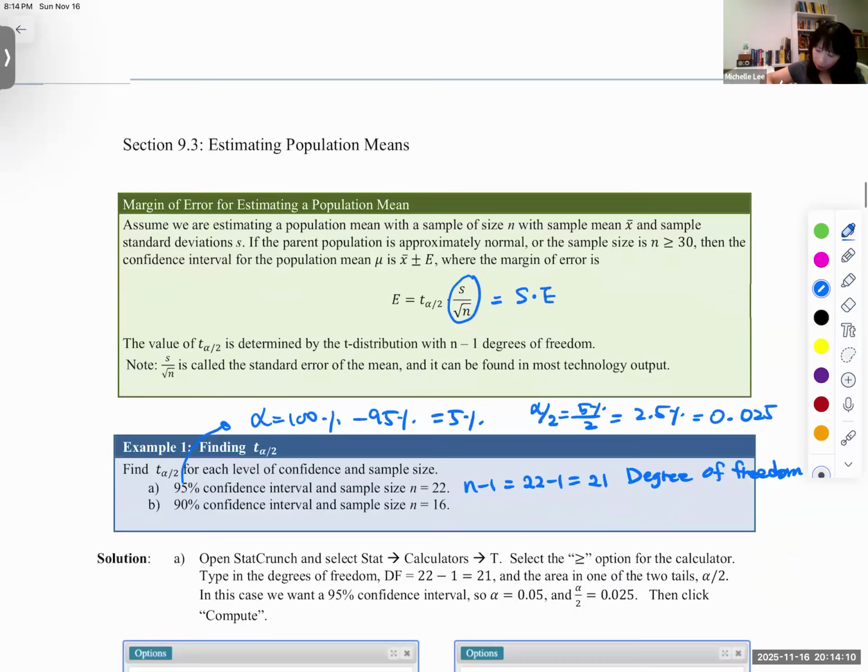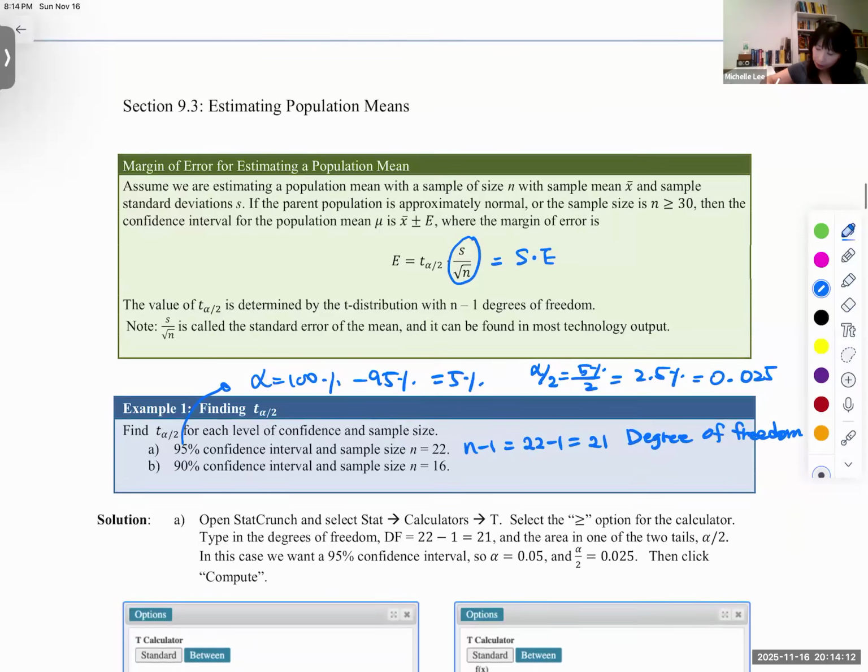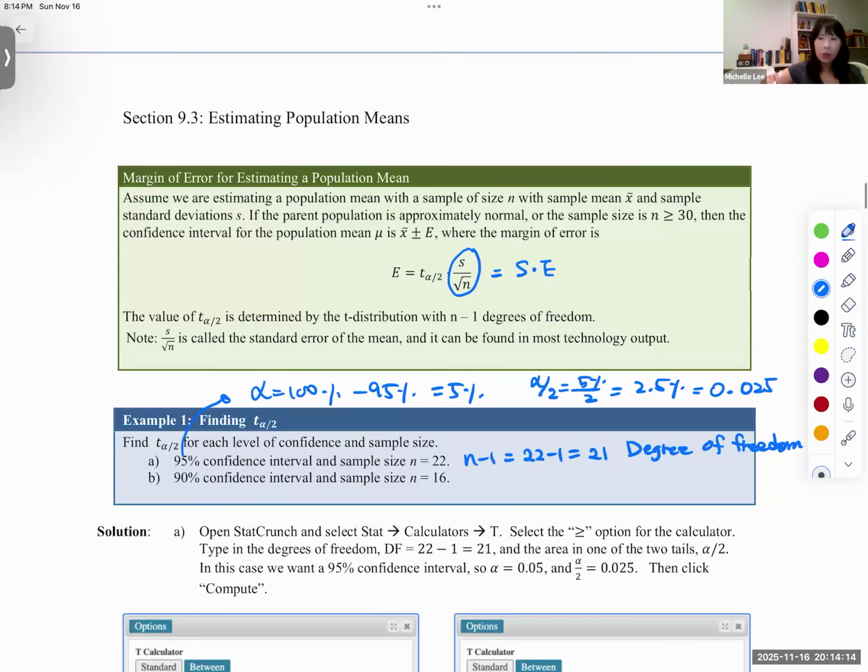Okay, so let us do it. Let me show you just one. Okay, so I want to use a share screen here. What was it? 95%. Let me take a picture.